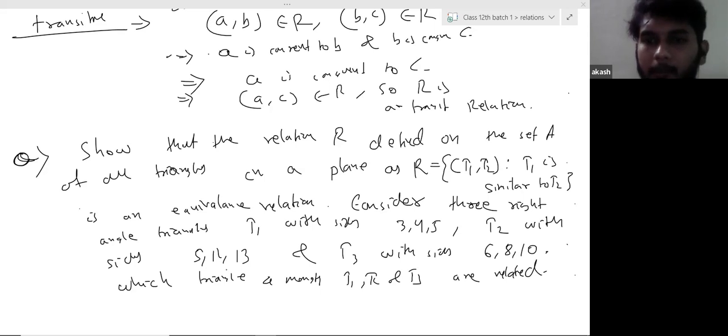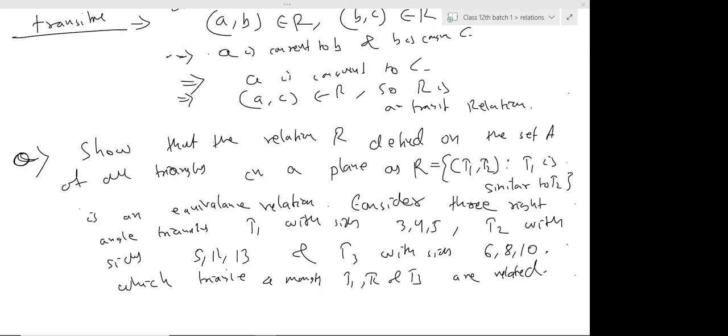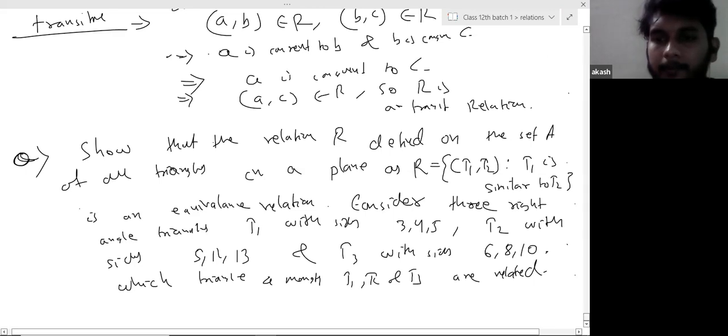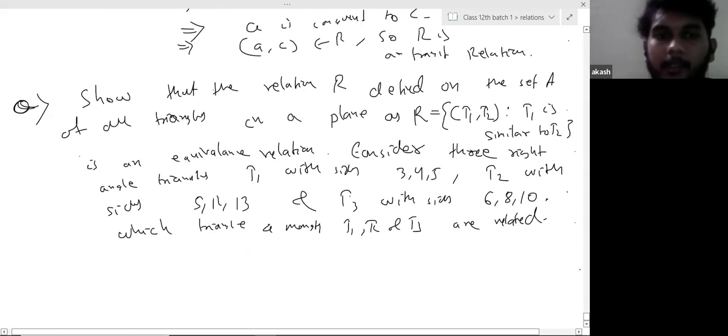Can you read the question once, sir? The question says, show that the relation R defined on the set of all triangles in a plane, all the triangles you have to assume in a plane, defined as T1 comma T2 where T1 is similar to T2.